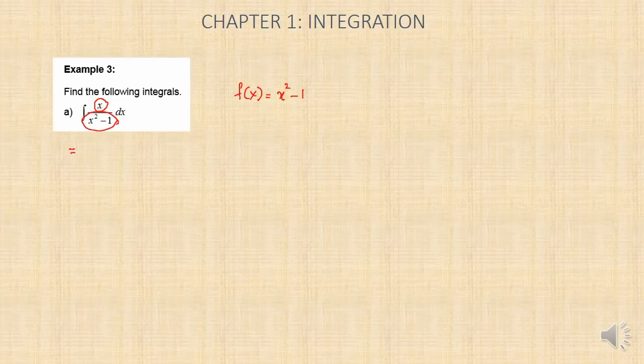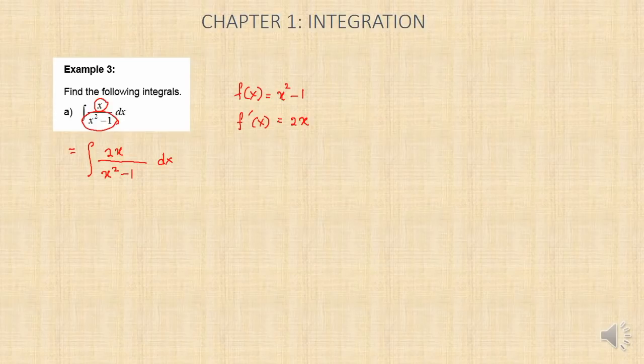When we differentiate fx, I have 2x. So for the numerator, I put 2x over here and divide by x squared minus 1 dx.